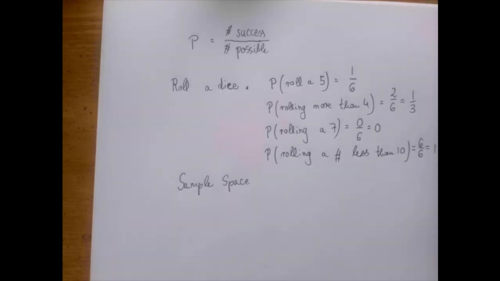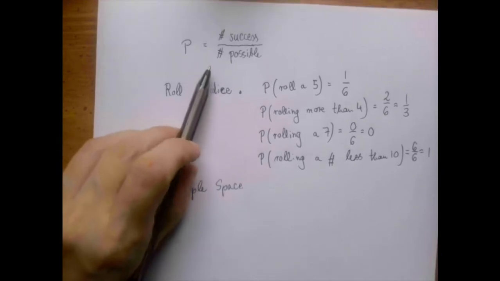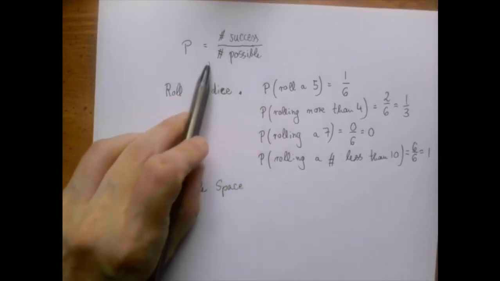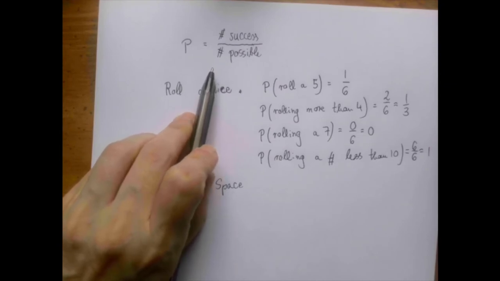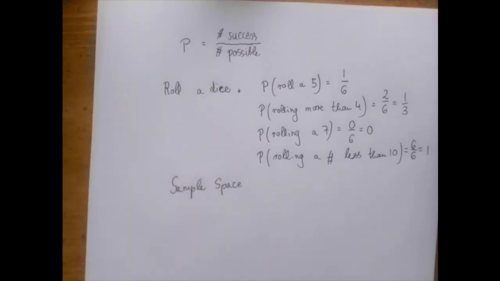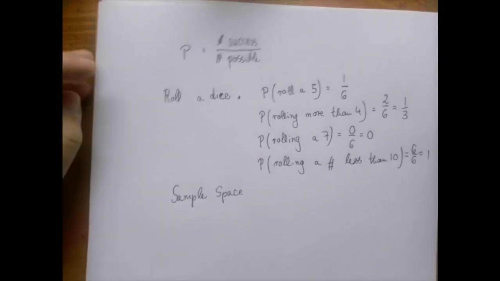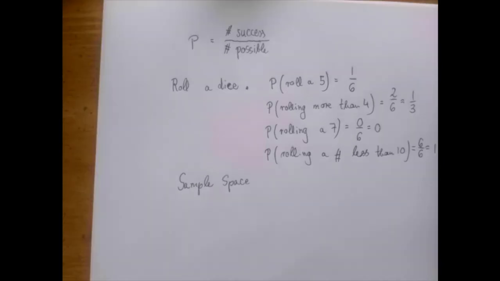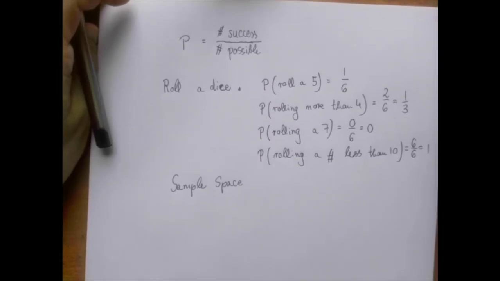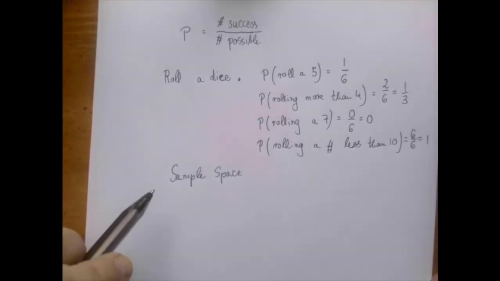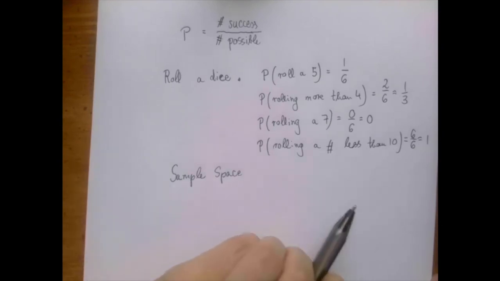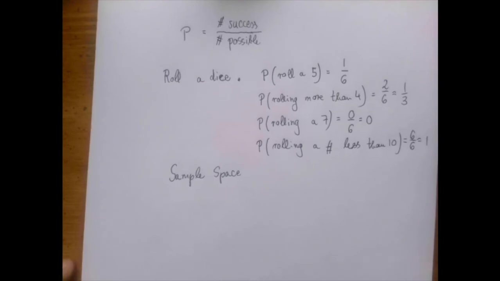When probabilities are defined, the number of possible cases have to have equal likelihood, which is not the case here at all, right? Me winning the lottery has a much lower likelihood than me not winning the lottery, which is why you keep seeing me in class. So that is not a good sample space, winning versus not winning. What is a good sample space is rolling a 1 or a 2, 3, 4, 5, or 6, because those events have equal likelihood.